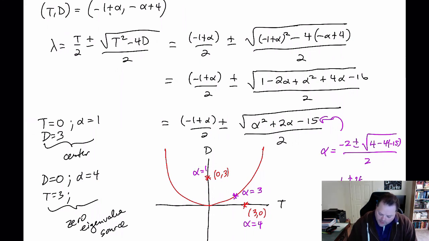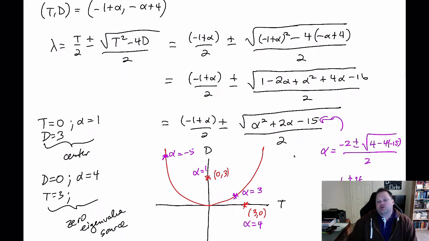And then the other point is over here at -5. So alpha equal to -5 would make the trace -6, and the determinant would be 9. So that's like right over here. So that's alpha equal to -5. What you kind of have here is a trail through the phase portrait, where as alpha changes, you're ending up at different points in the trace determinant plane.